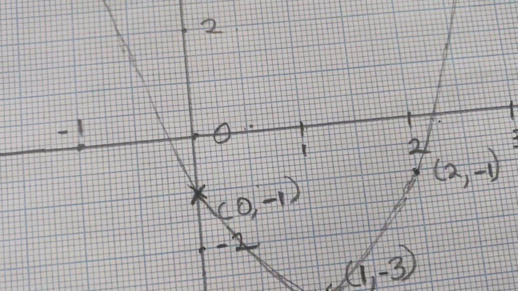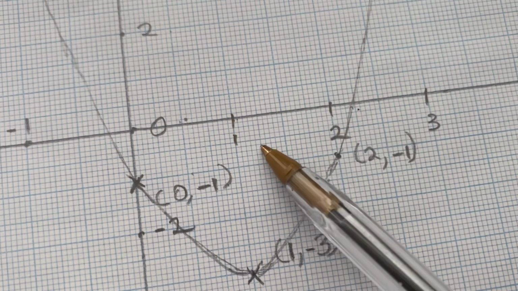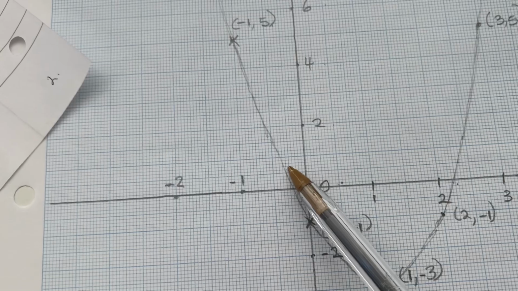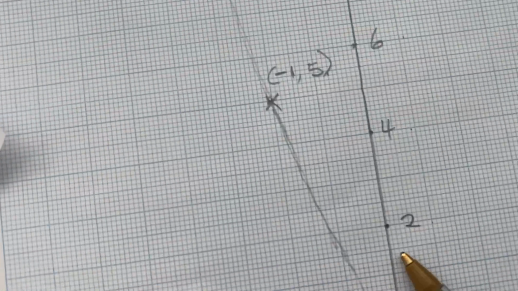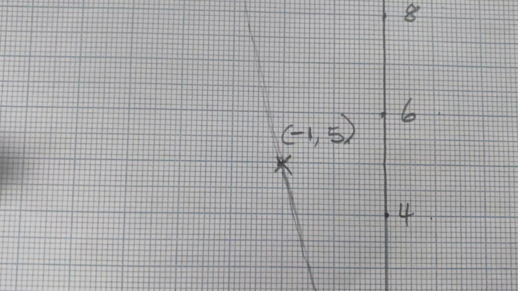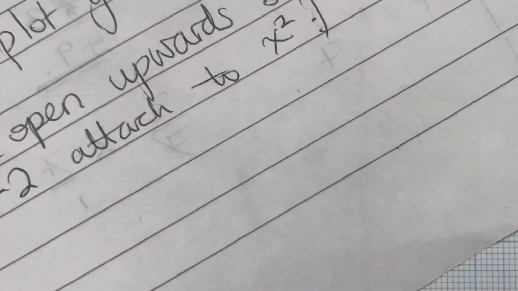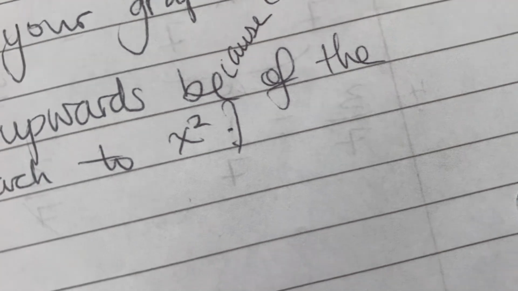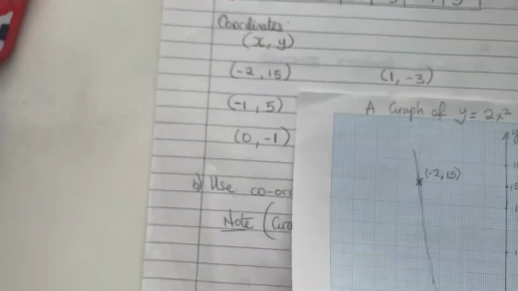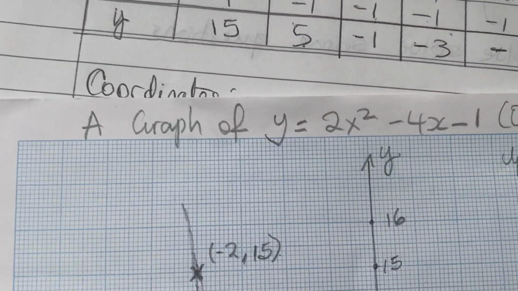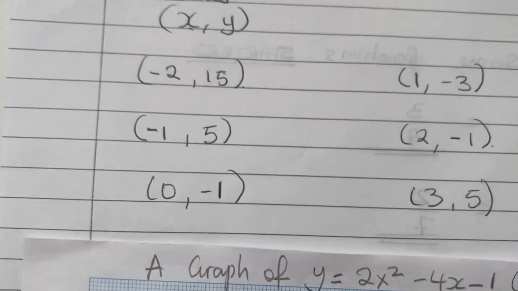And this is the x-axis, 2 boxes for 1 unit. And then I have the negative as well, because the x starts from -2. So now, that is the coordinates I'm going to use, okay?